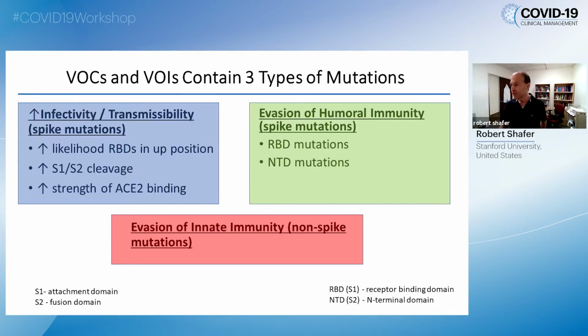The mutations responsible for the variants of concern and variants of interest can be grouped into three categories. The mutations that intrinsically increase virus replication include the earliest emergent mutation in spike, D614G, which increases the likelihood that one or more spike receptor binding domains will be in an open, up configuration, leading to better ACE2 binding.